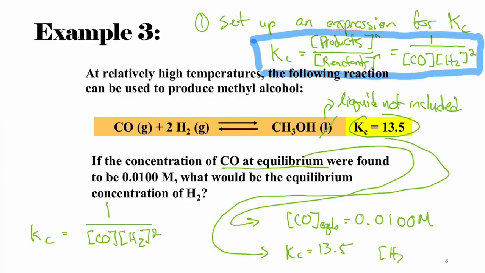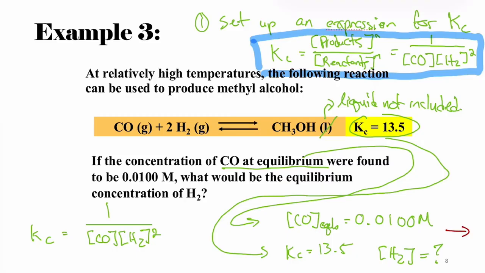Yep, we want to solve for the equilibrium concentration. So if we're given these two values, we came up with an expression that relates all three of the things that we're looking at here. What do we have to do? Yep, we just have to solve for H2 in this case, right? So this one, nothing tricky.